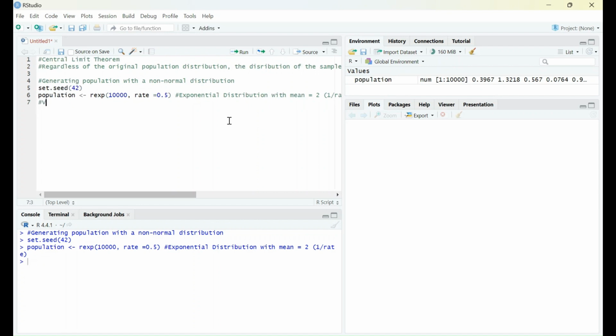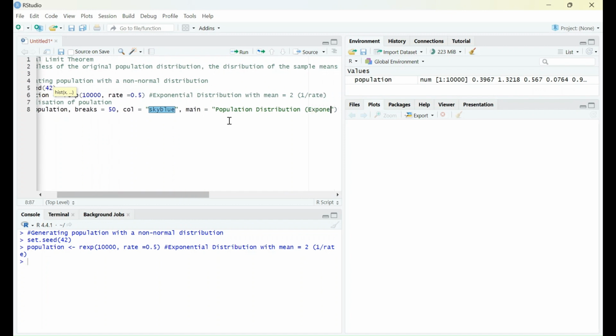We'll see the visualization of this population, how this distribution is. We'll create a histogram of population with bin size 50, color, let's give sky blue, title population distribution.